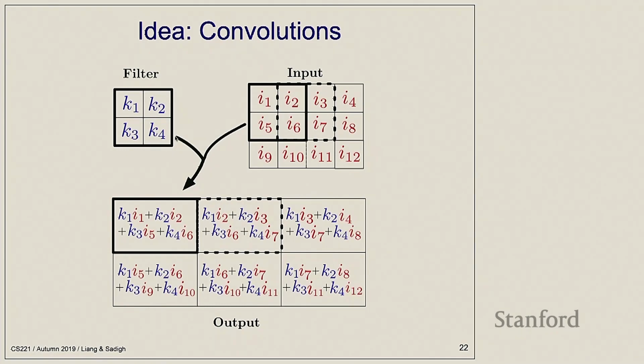And an application of a filter works kind of like a dot product, where you multiply all the numbers, and then you add them all up. And so how you produce these outputs is you take your filter, and you basically just slide it around in the input in order to get your output at the next layer.